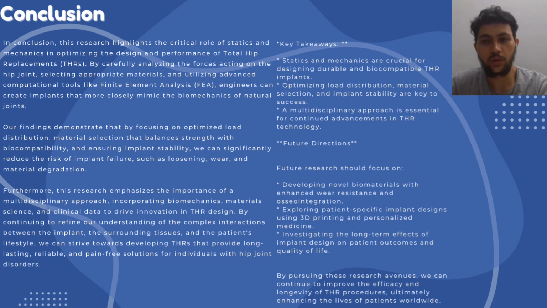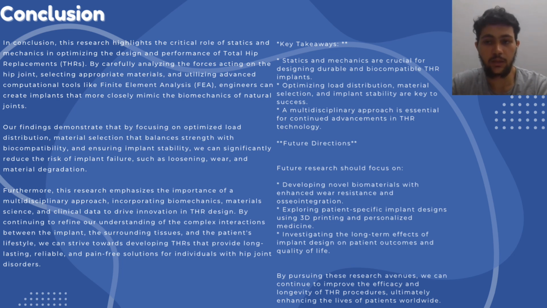So in conclusion, our research underscores the critical role of statics and mechanics in optimizing the design and performance of total hip replacement by carefully analyzing the forces acting on the hip joint, selecting appropriate materials, and utilizing advanced computational tools like FEA.